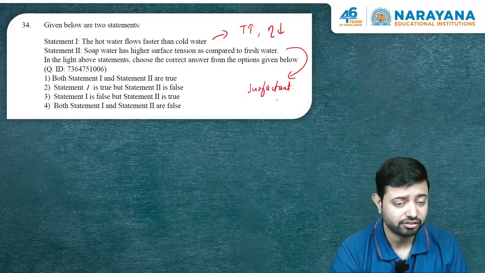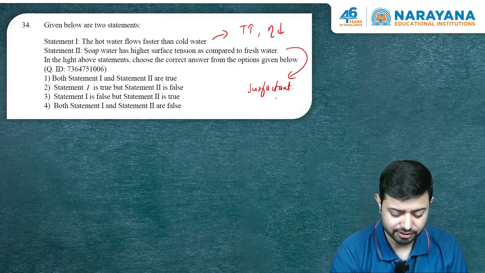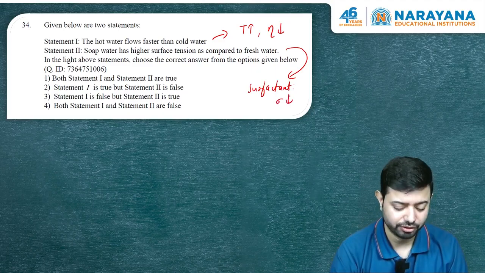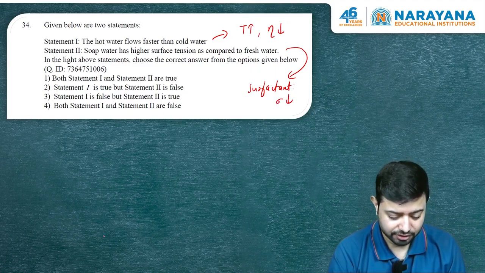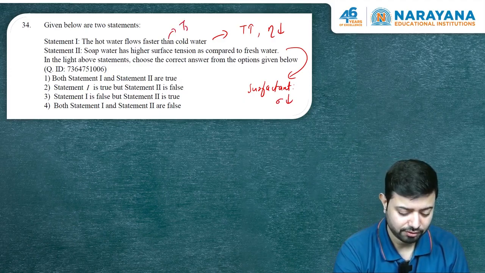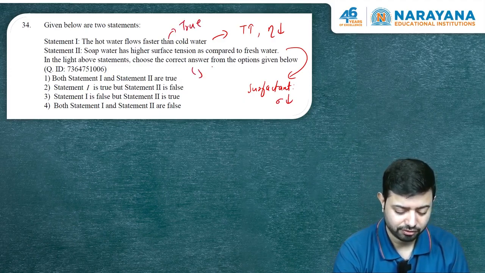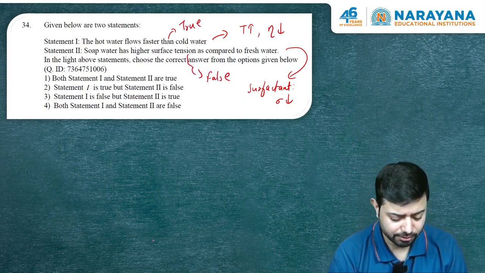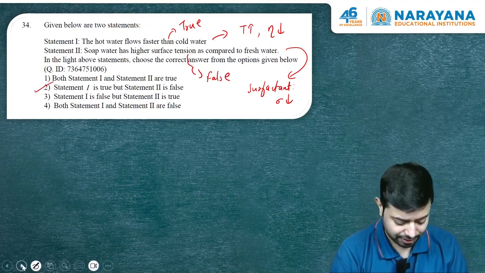It reduces the surface tension. So the surface tension, sigma, is going to reduce, not increase. Therefore statement 2 is false. This is true and this one is false. So which option is correct? Statement 1 is true, but statement 2 is false, second option. Let us move to the next one.